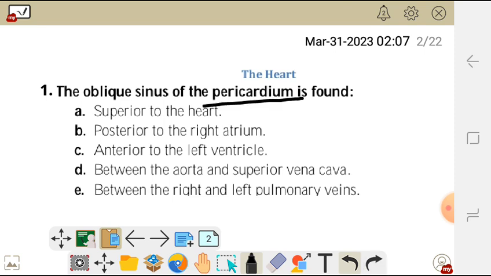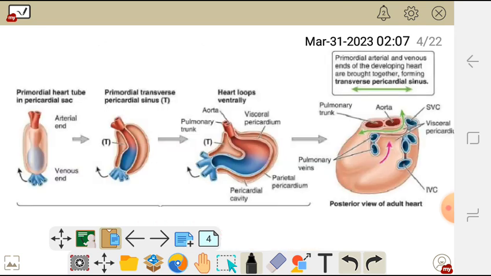So the pericardium is simply the outermost layer that covers the heart. During cardiac looping, the cardiac loops are covered by this fibrous layer, which is called the primordial pericardium or the pericardial sac.